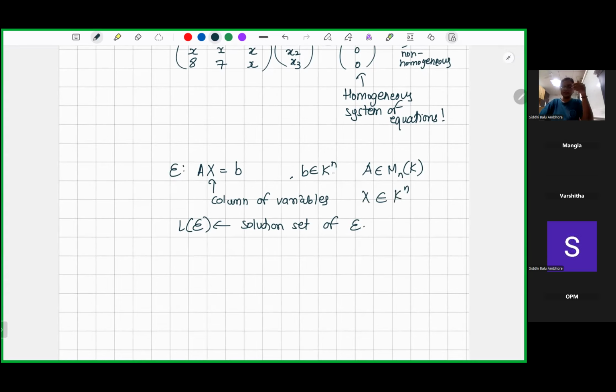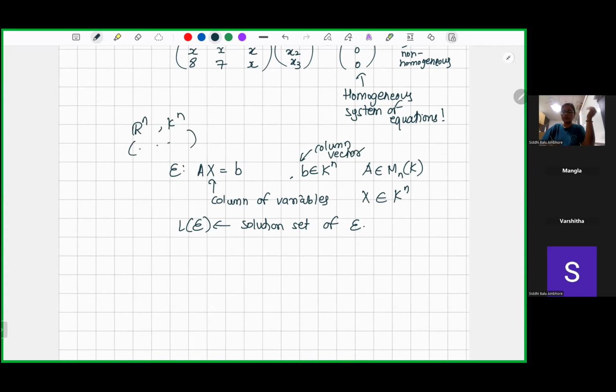When I write this, I assume it is a column vector, because often when we write Rn or Kn we assume a row vector, but here I am assuming column vectors, and x is also the variable vector.